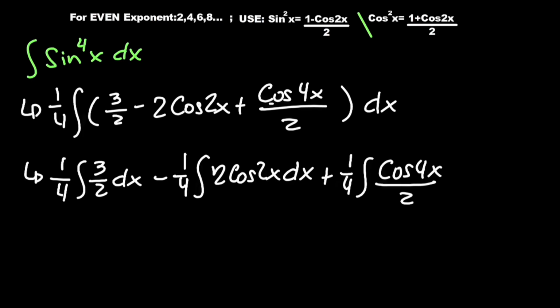Wait, actually we can just put 2 outside now. This would be cosine of 4x. And since we will be multiplying this by 2, this would be equal to 8 of dx. So let us first focus on this one.